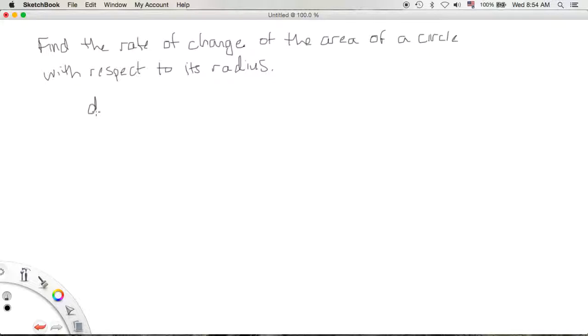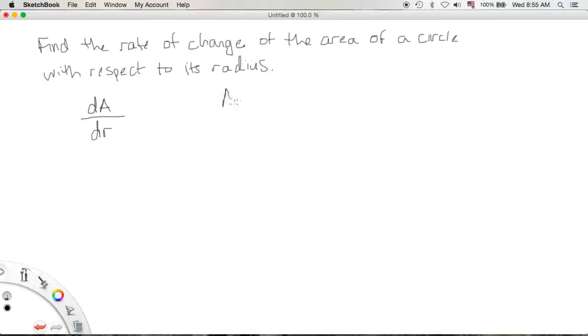So if we write that out, this instantaneous rate of change is a d. Remember, it comes from the lowercase delta because we use change as the capital delta, that triangle looking thing. So we have the rate of change of the area with respect to its radius. So if we look at this sentence and change it into this differential, we can tell what we're looking for.